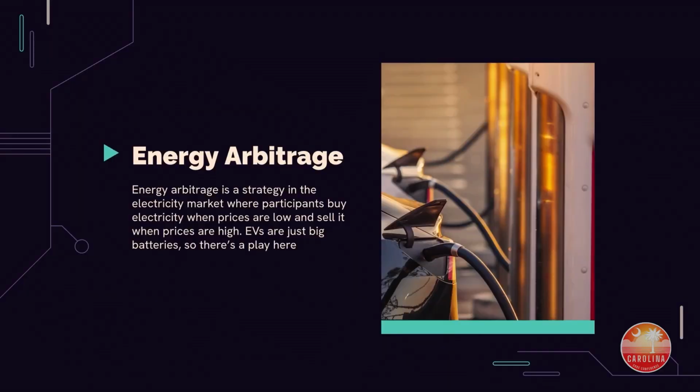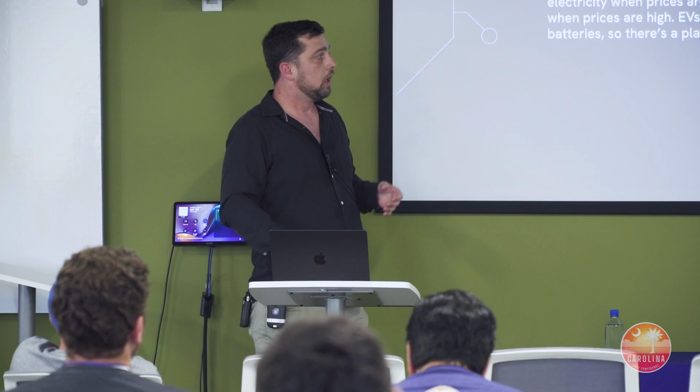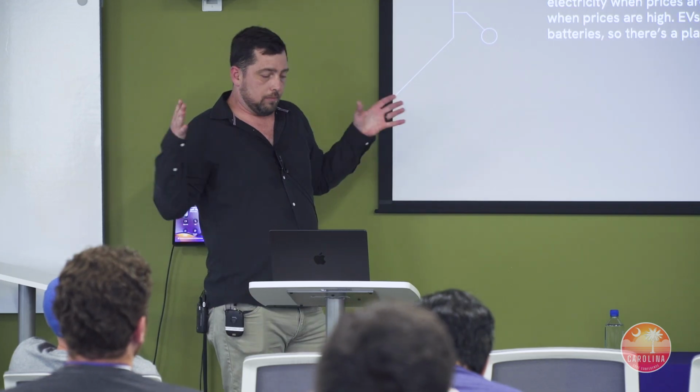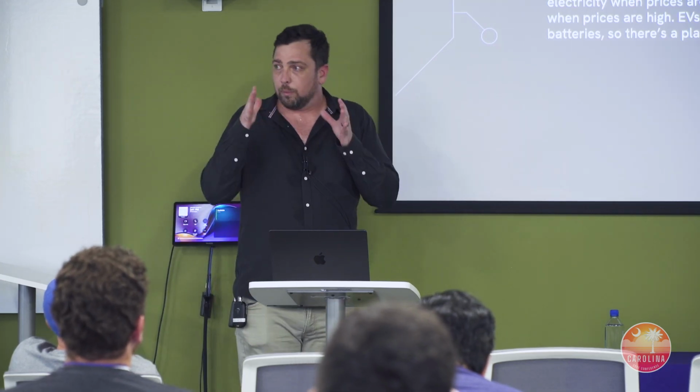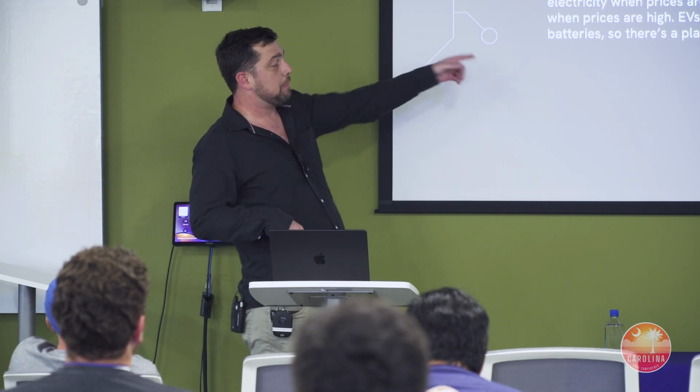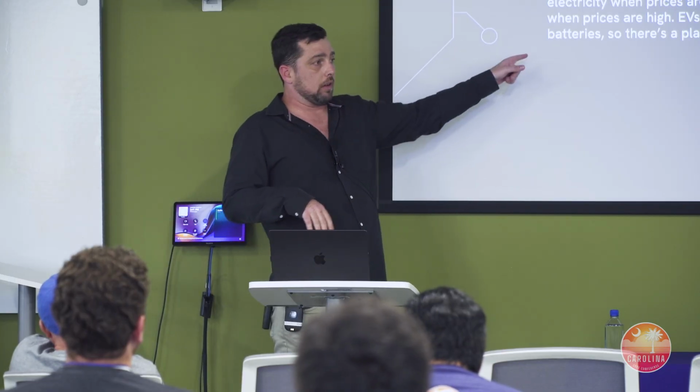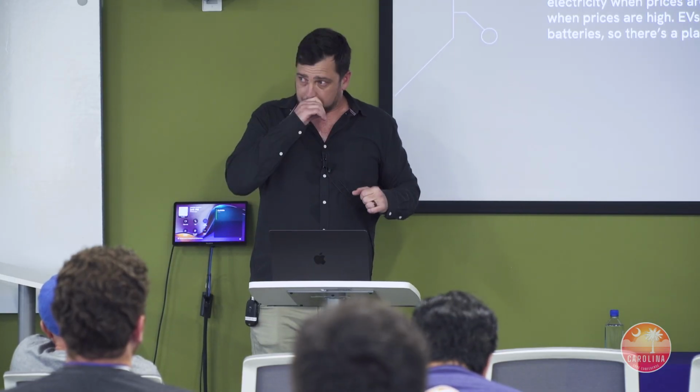Energy arbitrage is also very interesting. So if you think about vehicles as big batteries, and you think about arbitrage as buy low, sell high, right? Energy is most expensive from 4 to 7 p.m. and is cheapest from 2 a.m. to 4 a.m. In theory, you could pull a bunch of energy into your battery from 2 to 4 a.m. and then sell it back to the grid from 4 to 7 and make money, right?